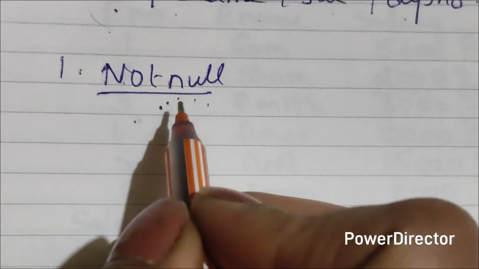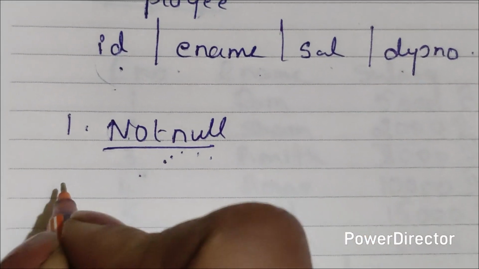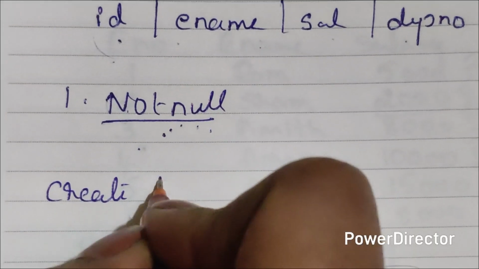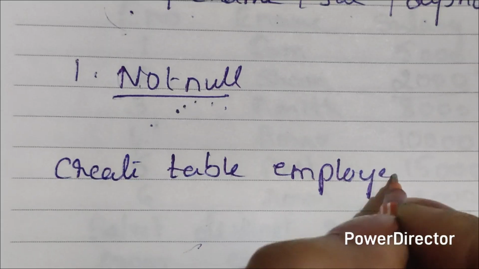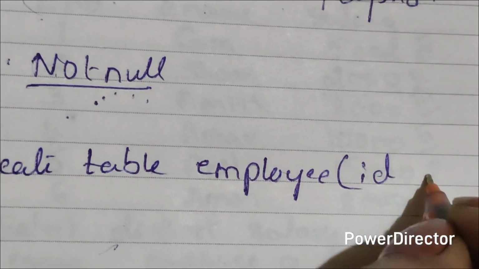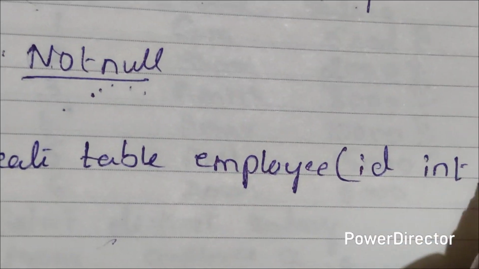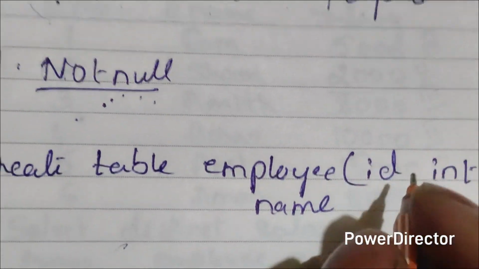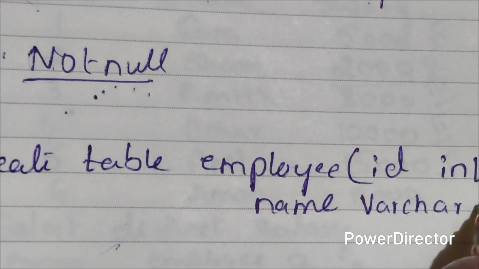One more thing, these conditions you need to apply whenever you are creating the table. So how will you create the table? What is the statement? Create table employee, ID. The data type of this ID I am giving integer, comma, name is a data type of variable character.